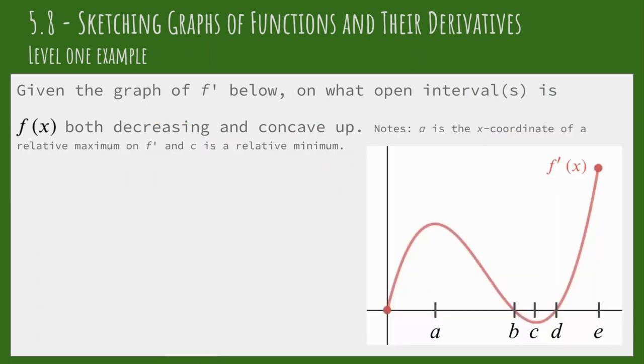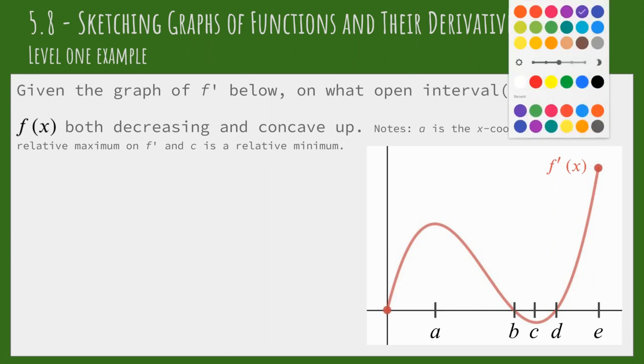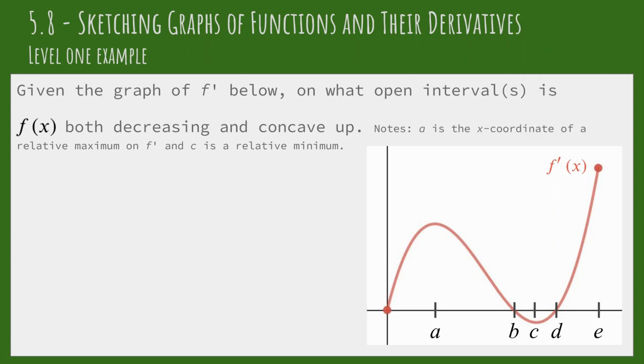In the second example here, we don't have any analytical information. We're only given graphical information. One important thing is that this is the graph of f prime, but we're answering a really similar question. The question here says, where is f of x decreasing and concave up?